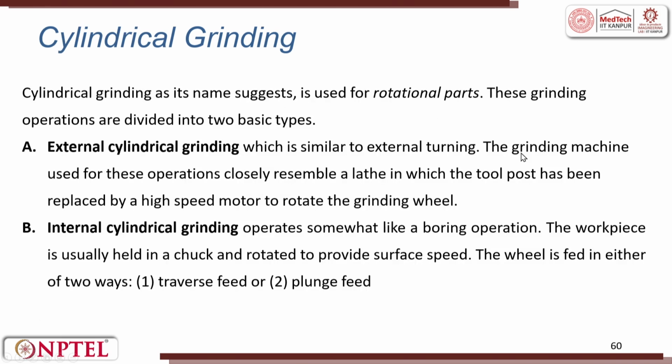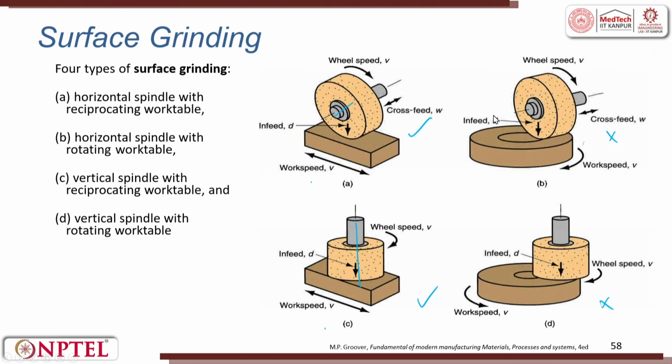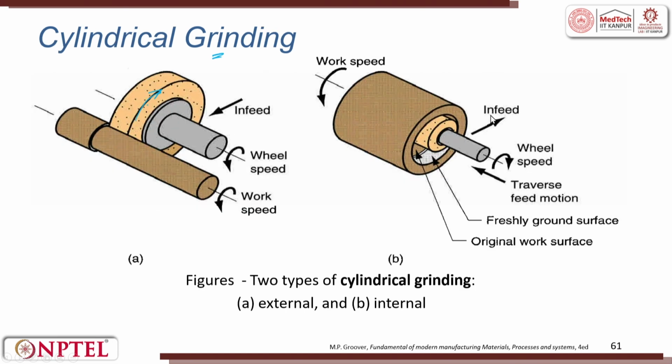You also have cylindrical grinding, where the part you produce can be externally cylindrical or internally cylindrical. Here the spindle is mounted horizontally and the grinding wheel is rotated against the workpiece. You can get a stepped shaft, and you can grind internally. Those are called cylindrical grinding. So, the first one was surface, flat, and here it is cylindrical.